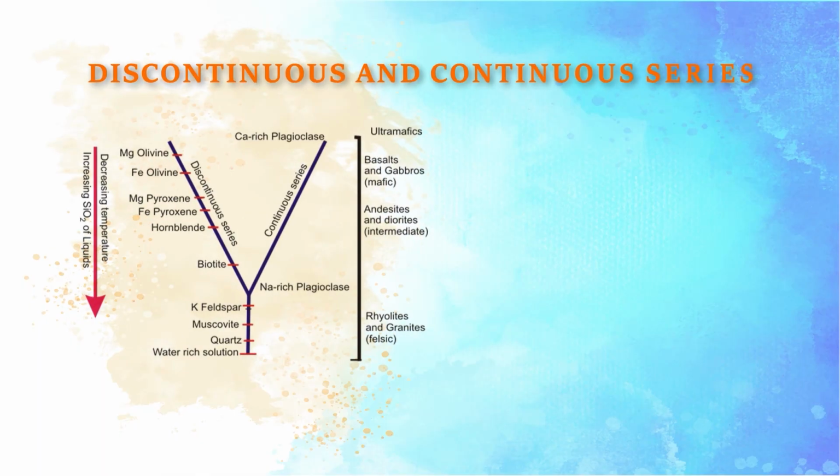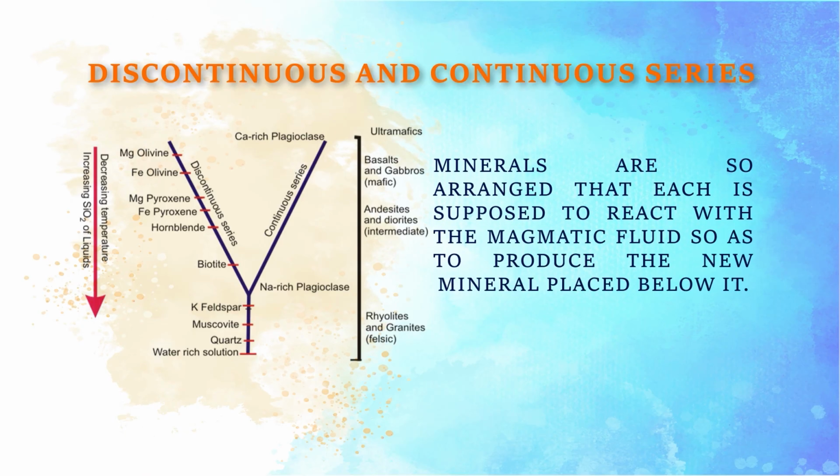Let me go to the previous slide. Now you see, magnesium olivine undergoes reaction with the melt to form iron olivine. Then subsequently, iron olivine undergoes reaction with the melt to form magnesium pyroxene, and so on and so forth. Further we move.